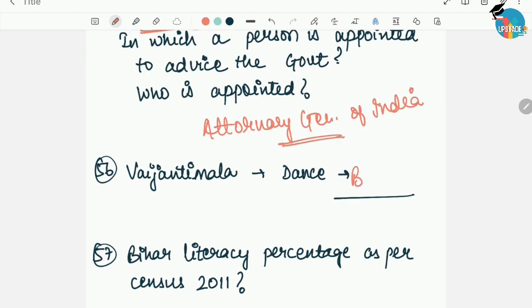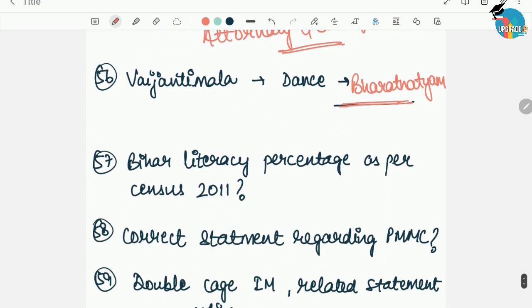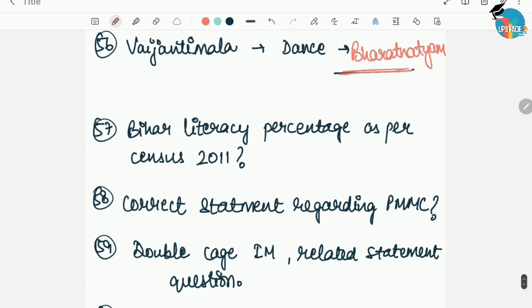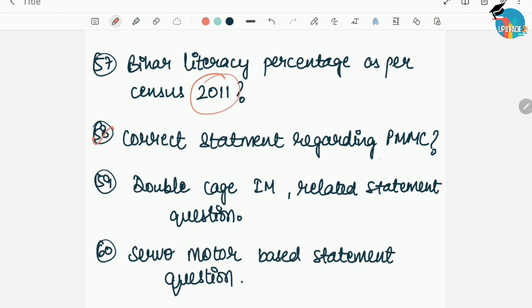Vaijantimala dances Bharatnatyam. Bharatnatyam form was performed by Vaijantimala. Next question asked was related to Bihar literacy percentage, that what was the percentage of literacy of Bihar according to census 2011.